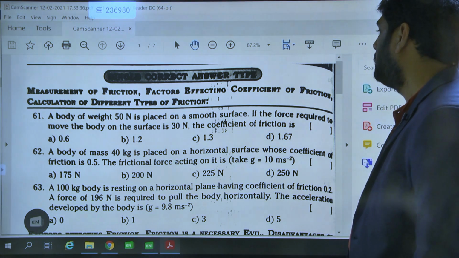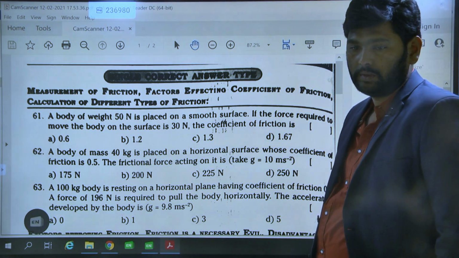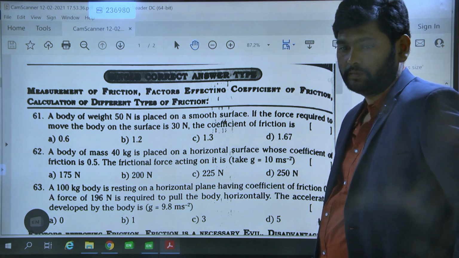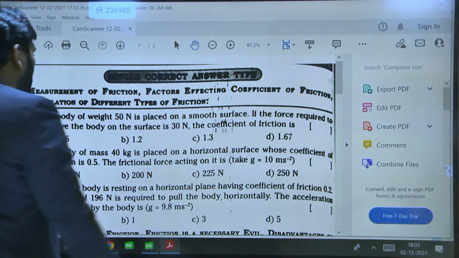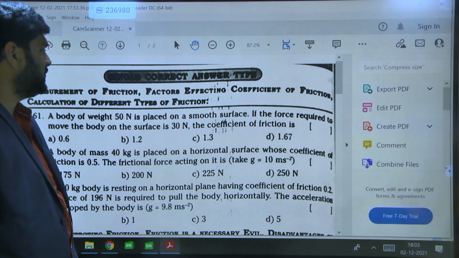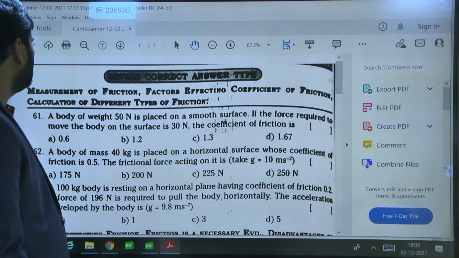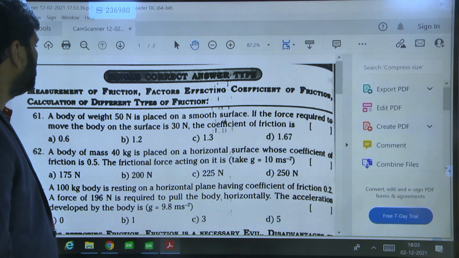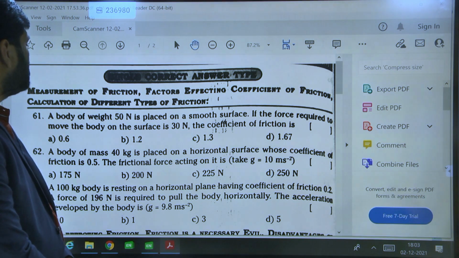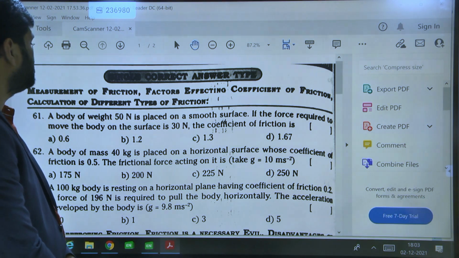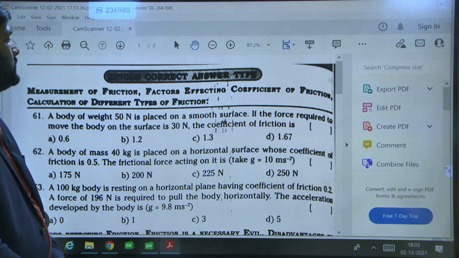They're asking for the coefficient of friction. So what is the formula? The body of weight 50 newtons is placed on a surface. The force required to move the body is 30 newtons.